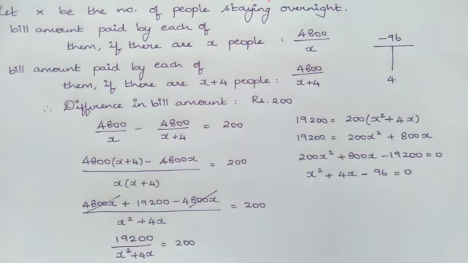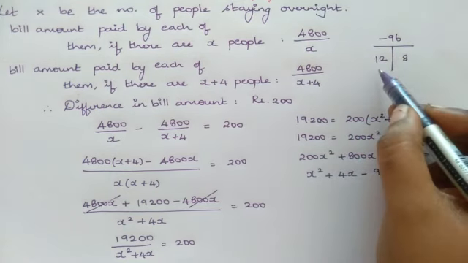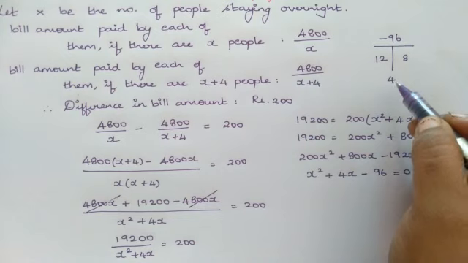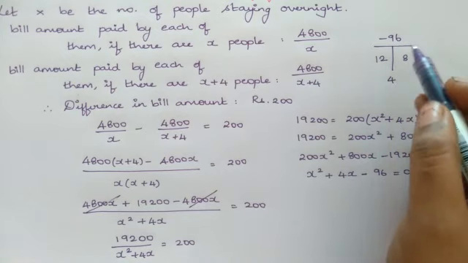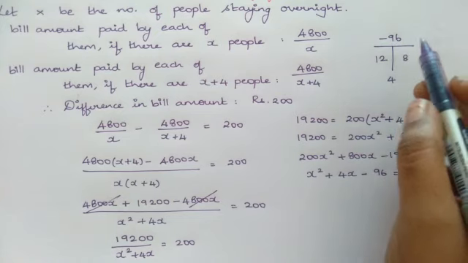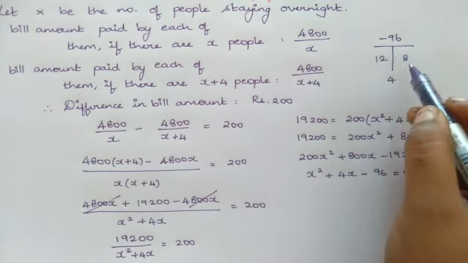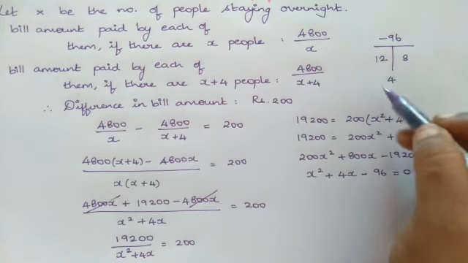That will be 12 and 8, because 12 into 8 will be 96, and 12 minus 8 will be 4. Now we need to find out the sign of the two numbers. We want minus 96, so any one of these two numbers should be negative. When we have two integers with different signs, we subtract and give the greater number's sign to the solution.